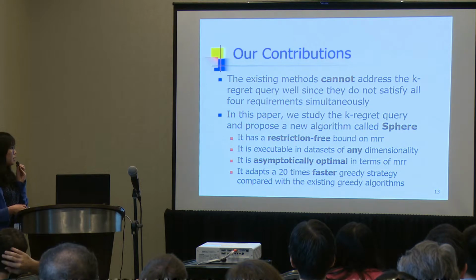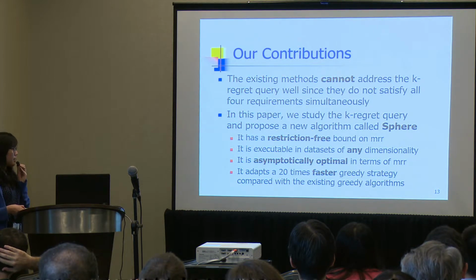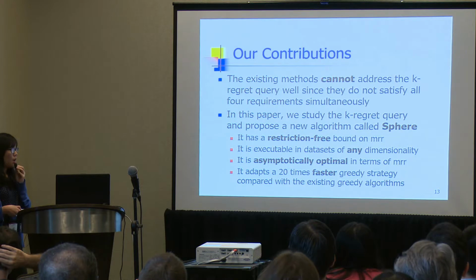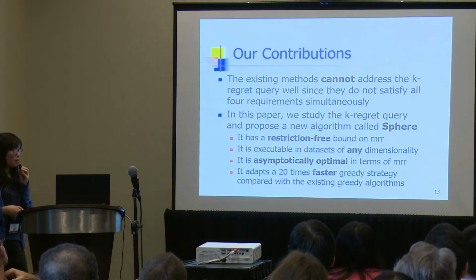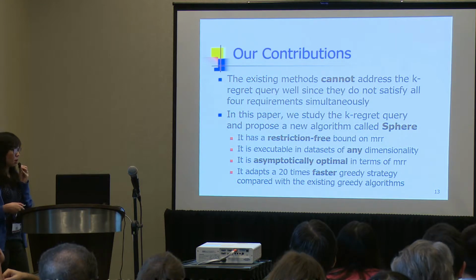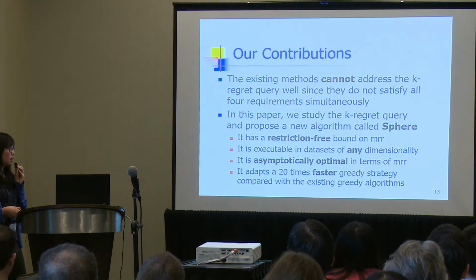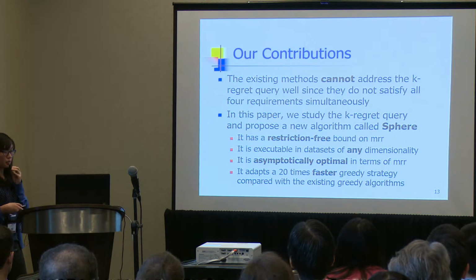The Sphere algorithm has a restriction-free bound on the maximum regret ratio, and it is executable on datasets of any dimensionality. Besides, the upper bound on the maximum regret ratio of Sphere is asymptotically optimal. And it is really efficient. It is 20 times faster than the existing greedy algorithm for the k-regret query.